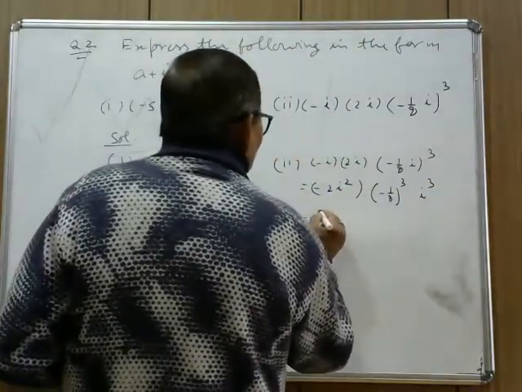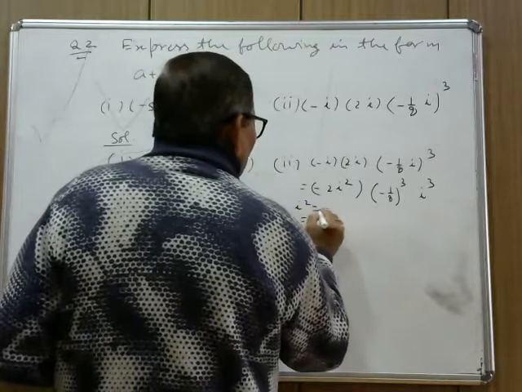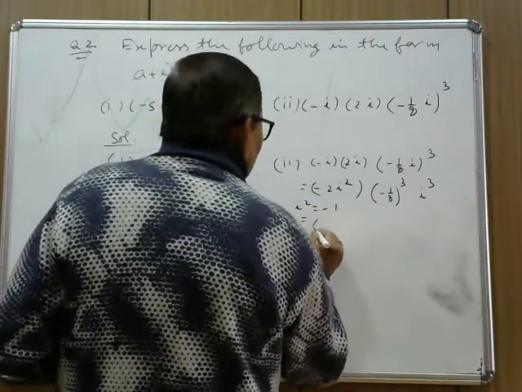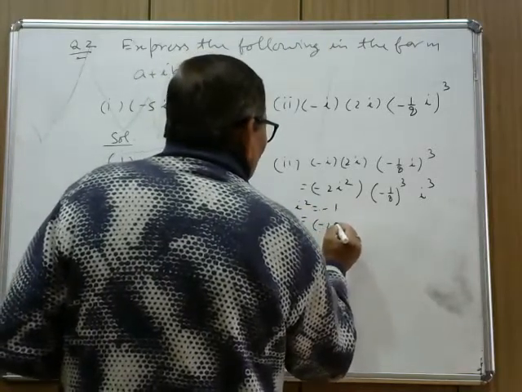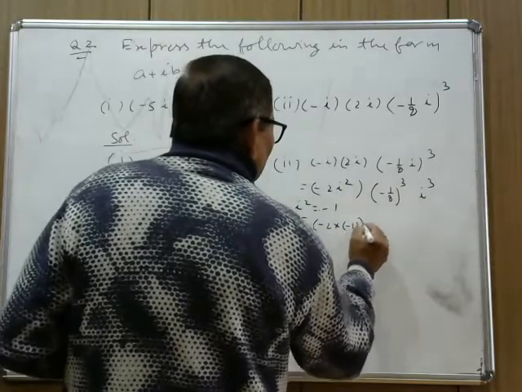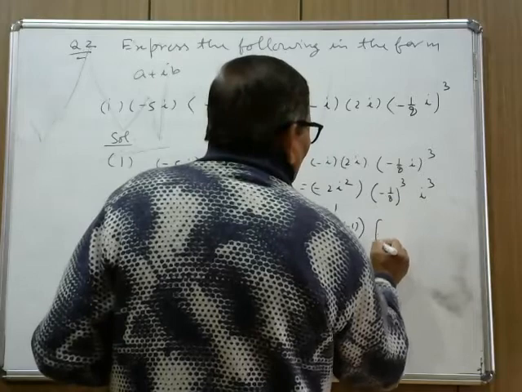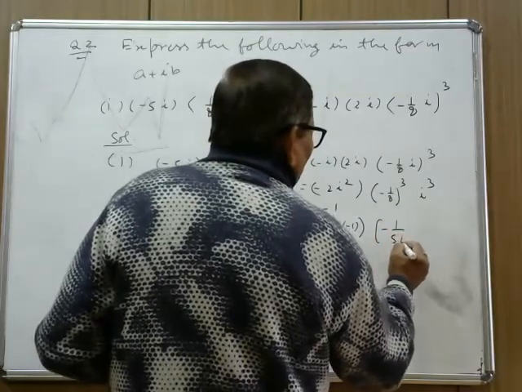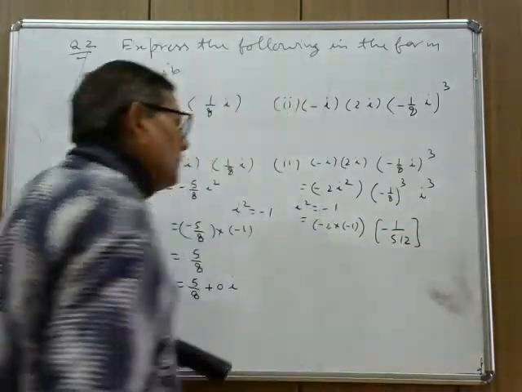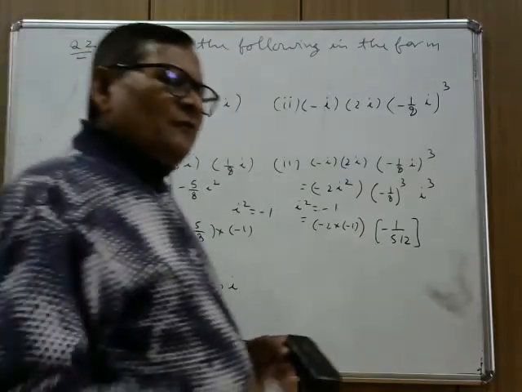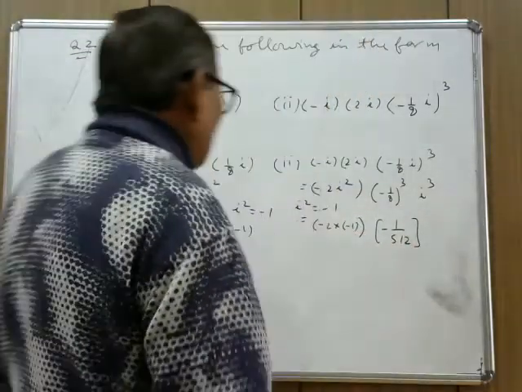This can be written with i square equal to minus 1. You can write this as minus 2 multiplied by minus 1, then minus 1 upon 512, since 8 into 8 into 8: 8 into 8 is 64, 64 into 8 is 512.